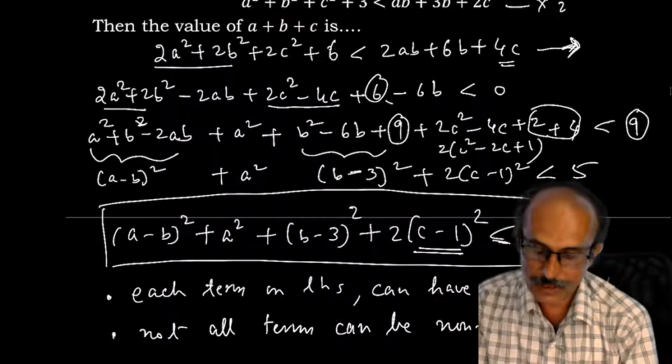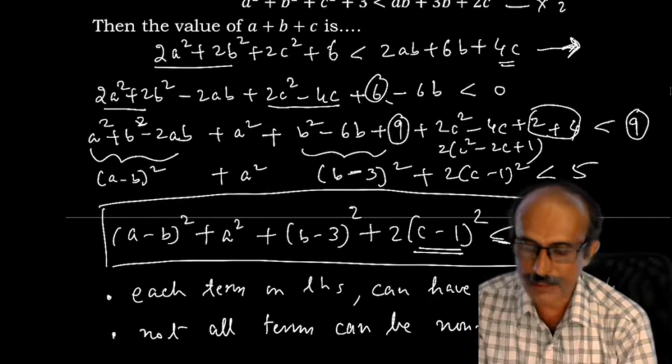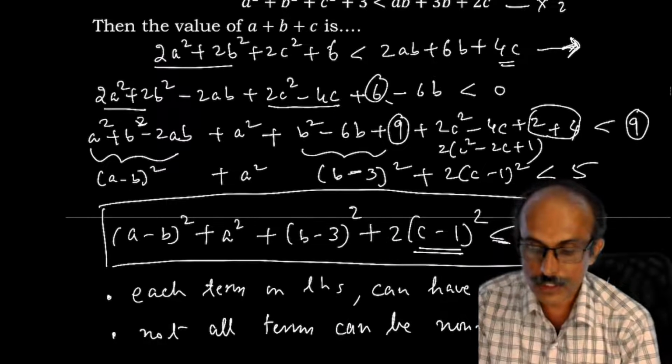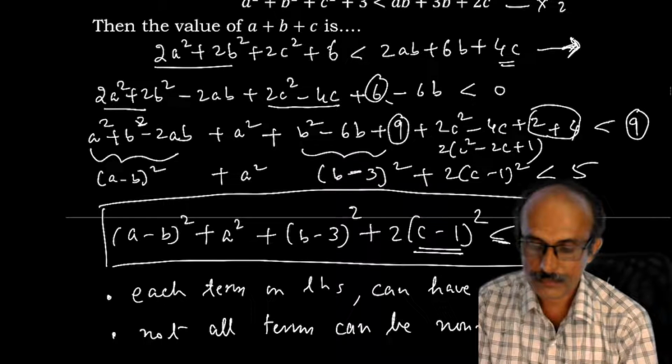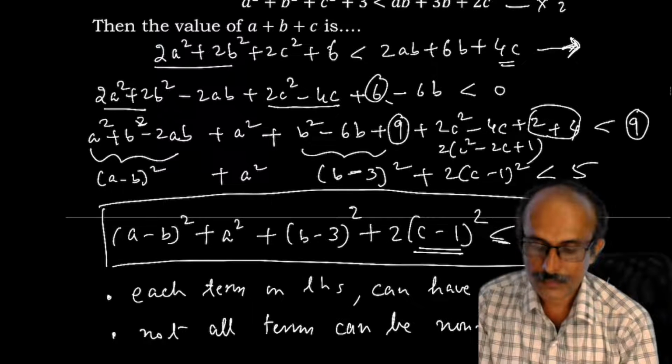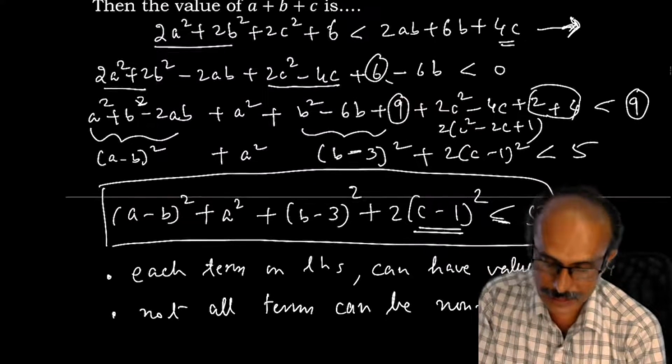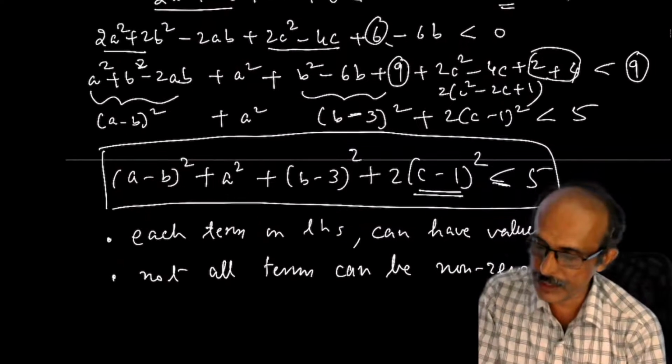Suppose we have seen that not all terms can be non-zero. So at least one of them should be zero. So let us suppose that c minus 1 is 0. What will happen? Let us analyze.